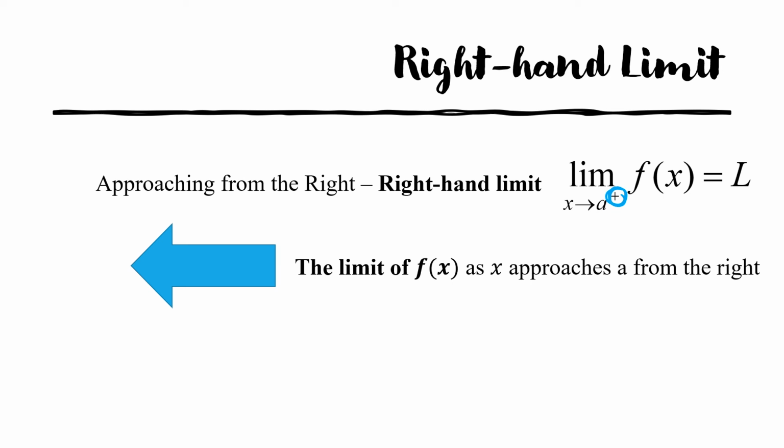And this is the limit of f of x as x approaches a from the right. And you want to be careful here, because as you're approaching from the right, you're moving to the left. So you start from numbers that are larger than a, and you move towards a when you see that little plus sign.